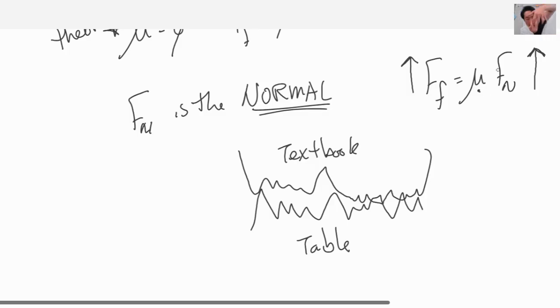On the flip side, if this is what your surfaces look like, and we decrease F of n by lifting the object off of the table ever so slightly, my ridges will come apart. If my ridges come apart, there's going to be less friction. So a very interlocked system is a high friction, and a less interlocked system is a lower friction.